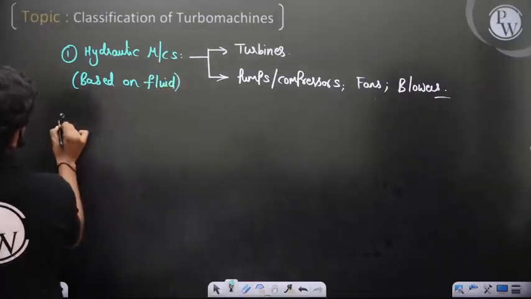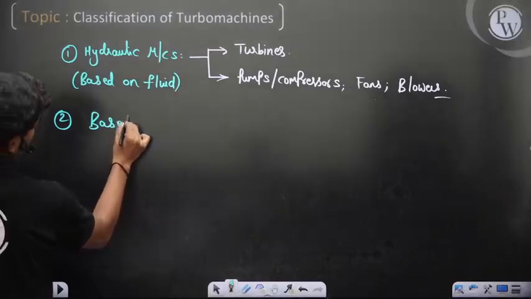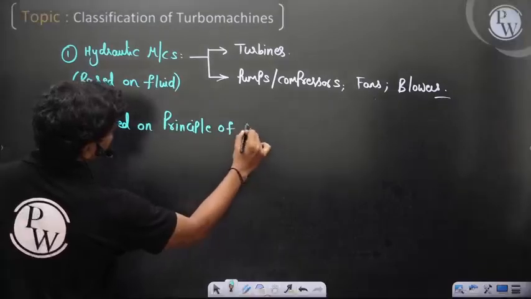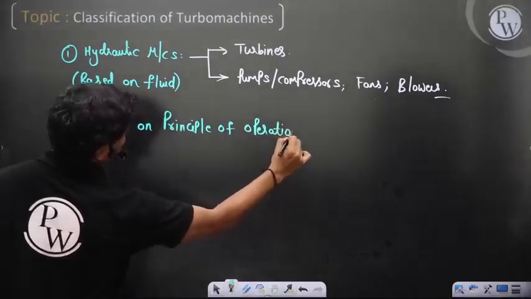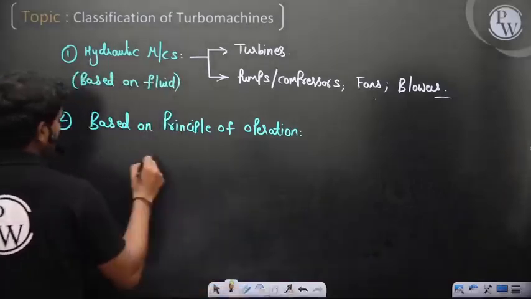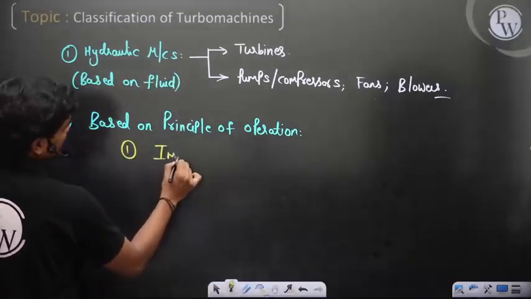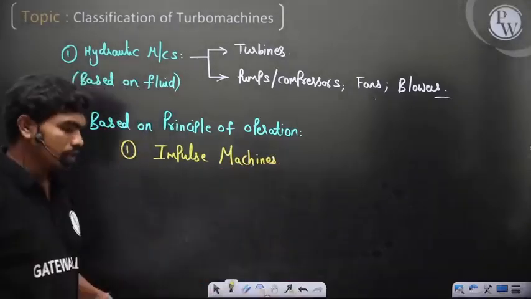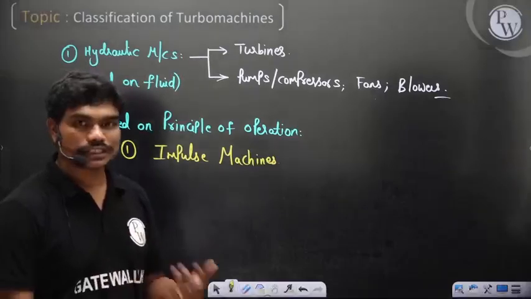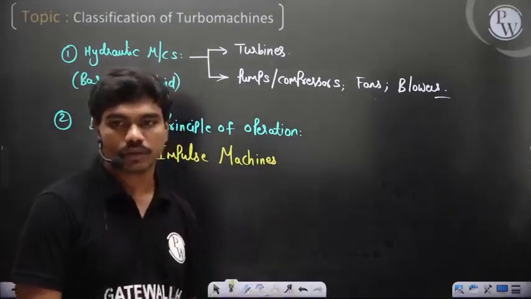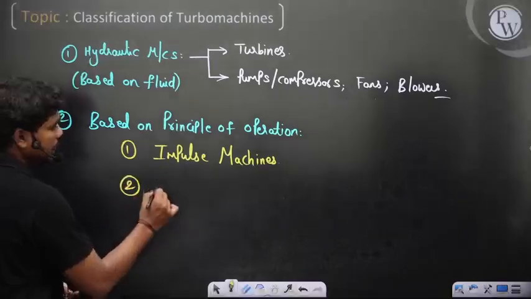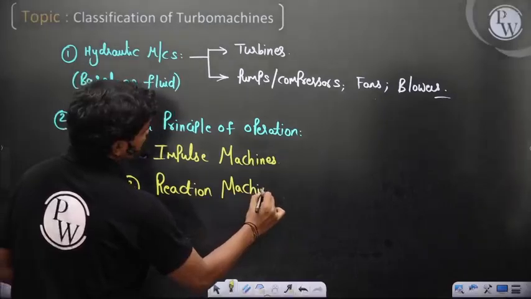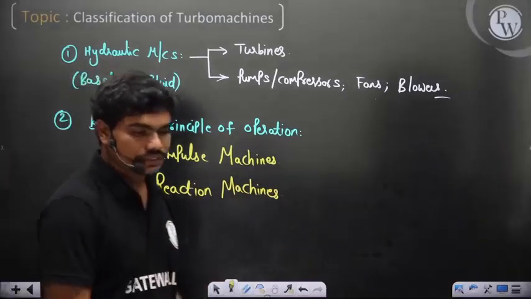Then again based on principle of operation, we have something like impulse machines. हम इस क्लास में नहीं लेकिन कल की क्लास में पढ़ेंगे कि impulse machines क्या होता है, reaction machines क्या होता है. ओके, फिजिकली फंडामेंटली डिफरेंस क्या आता है इन दोनों में. ओके, सो विल लुक एट दैट, impulse machines and reaction machines.